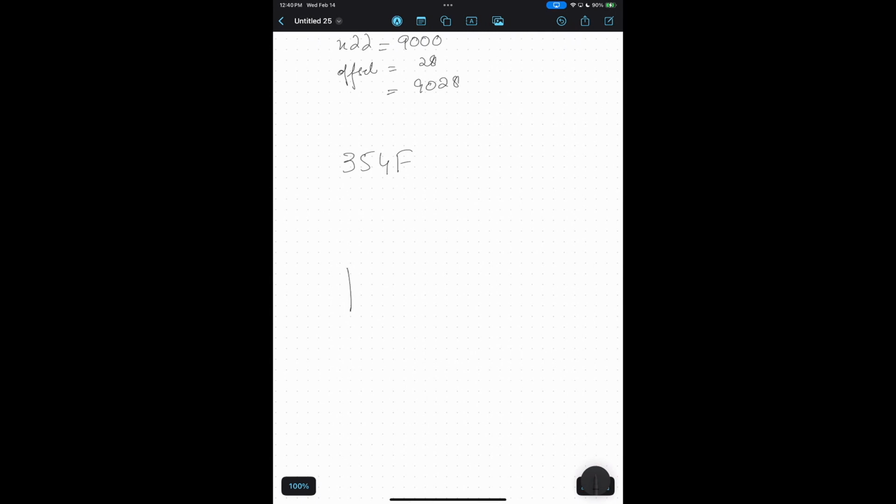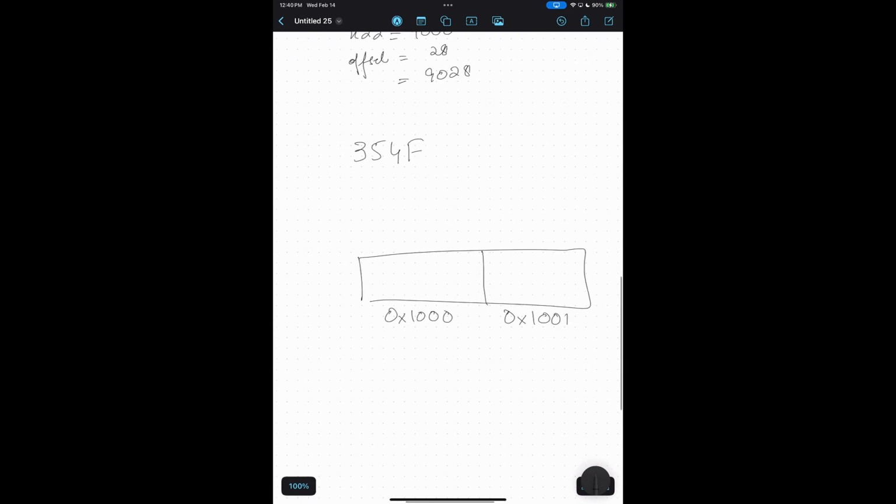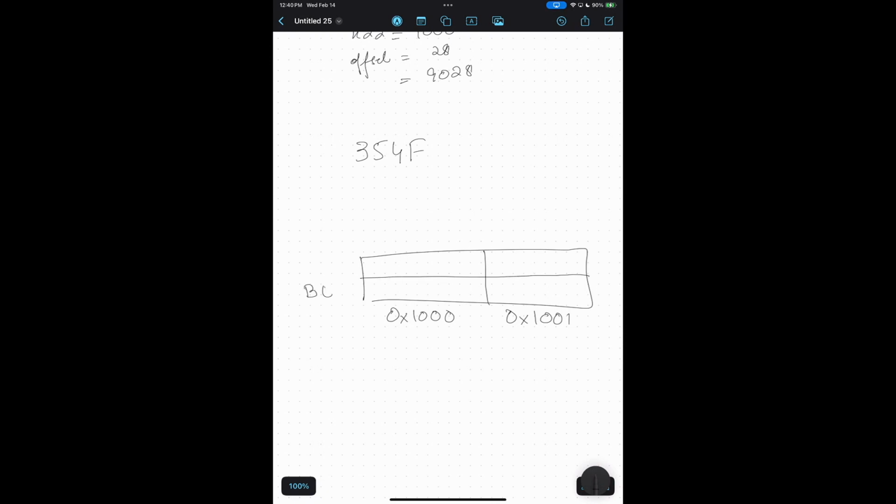So suppose we have a memory, and let's say this is 0x1000. Let's say this is the big endian format and this is the little endian format. So we have to store this 35 4F. So this is the first byte and this is another byte.